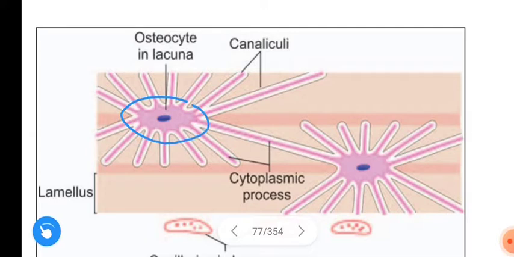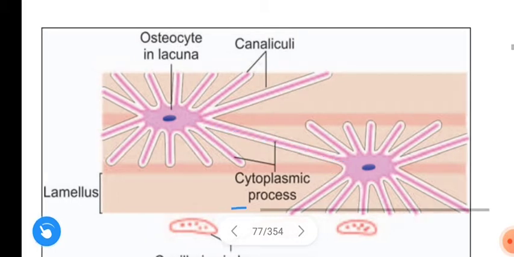This is the lacuna, and spreading out from this lacuna are the fine canals. The projections spread out from the lacunae. These are the canaliculi, the fine canals, and these are filled with the delicate cytoplasmic processes.